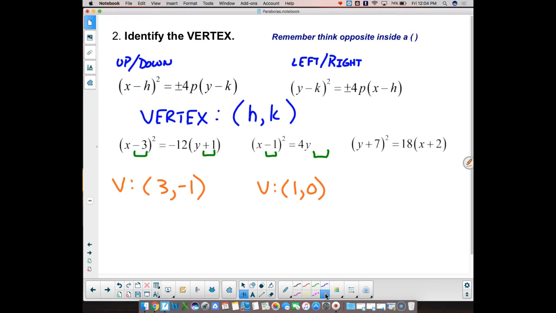Vertex on the third one. What are we thinking?